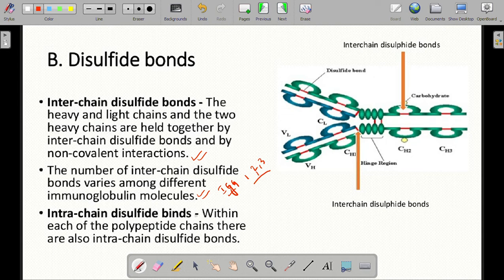Within each polypeptide chain there are also intrachain disulfide bonds, as we can see in the figure. These are the interchain disulfide bonds. And this is the hinge region, which is present between the 2 constant regions.